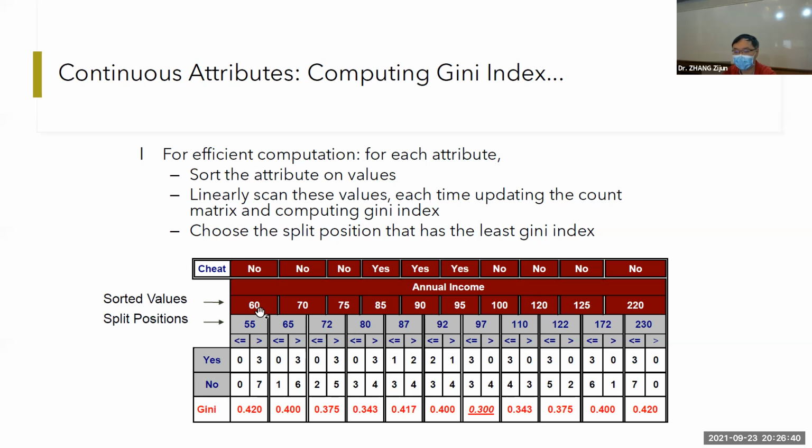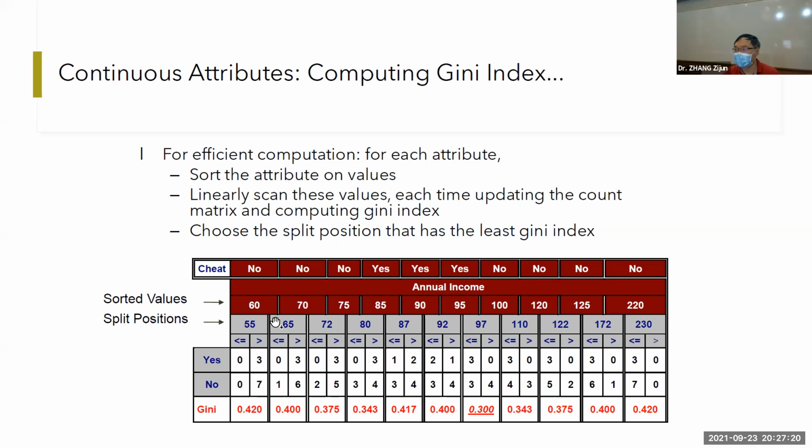For 65, we take the average between 60 and 70, which gives 65. For 72, we take the average between 70 and 75, which is about 72. For 55, the values 60 and 70 are increasing, and we consider 65 as a split position, a 5 increase based on 60.